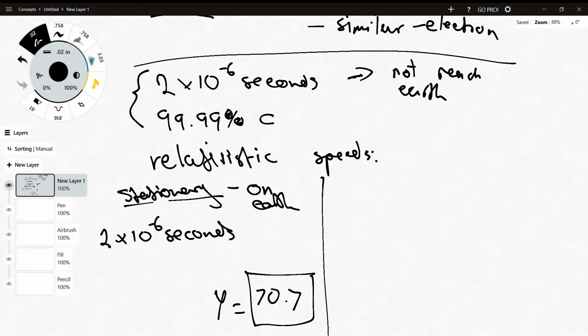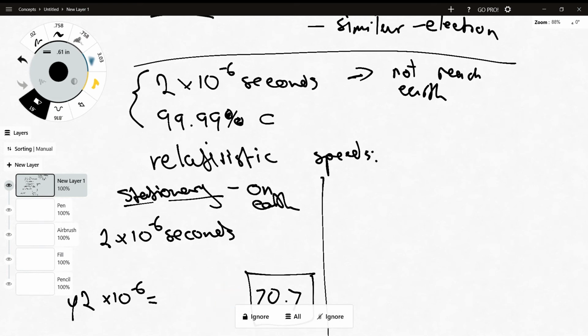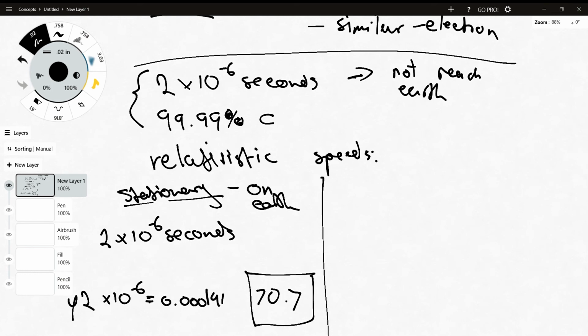So we have 70.7 times 2 times 10 to the minus 6 equals 0.0001414, or 1.414 times 10 to the minus 4 seconds.